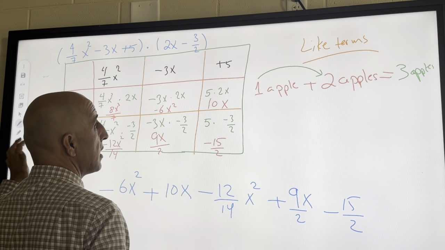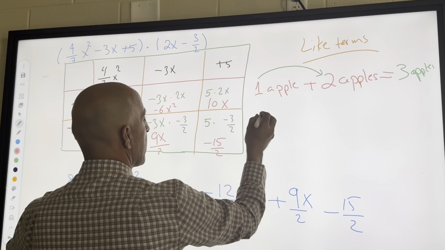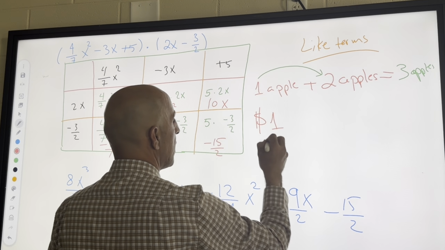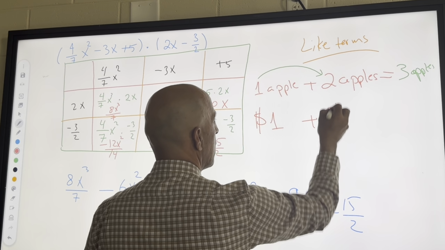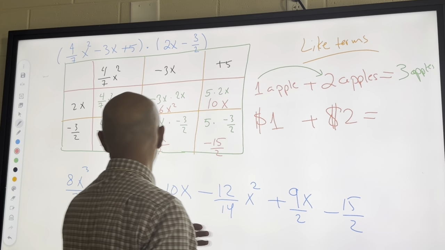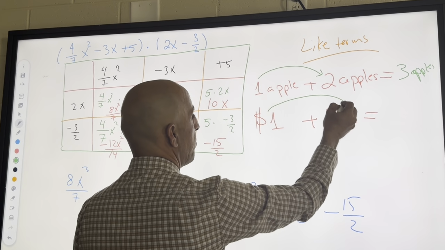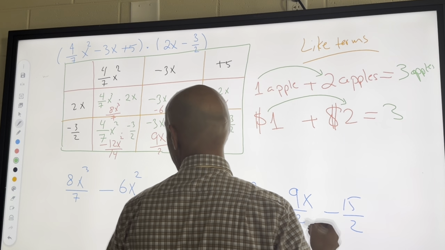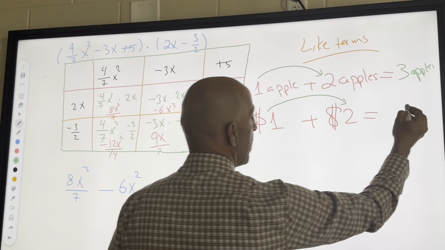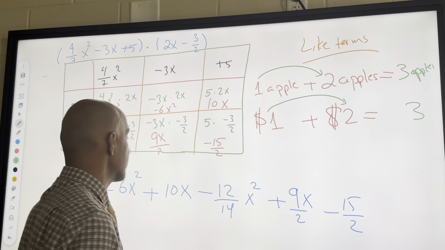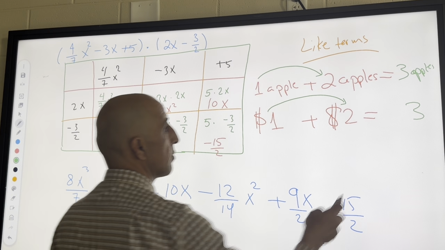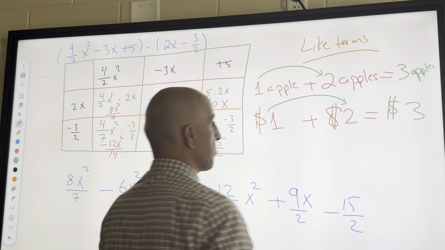The same thing if you have $1 plus $2: we have 1 plus 2, which is equal to 3, and what we have is dollars, so the answer will be 3 dollars.